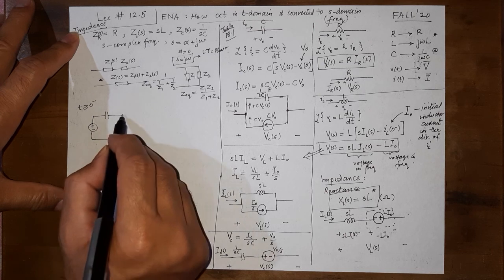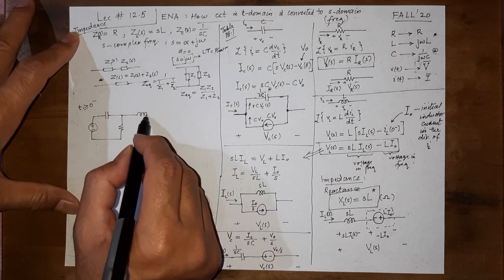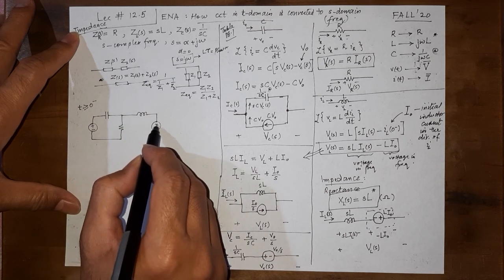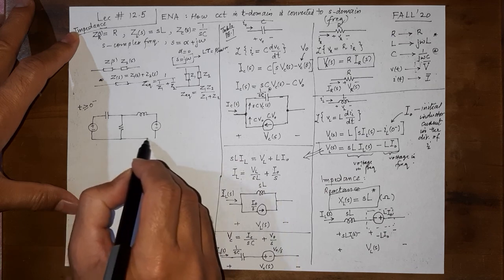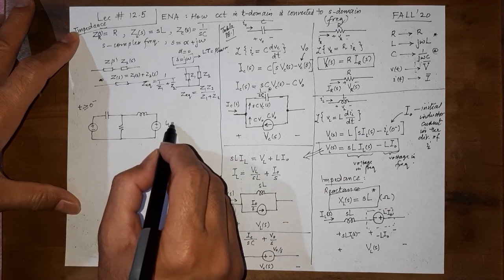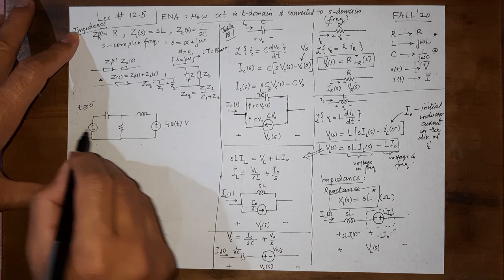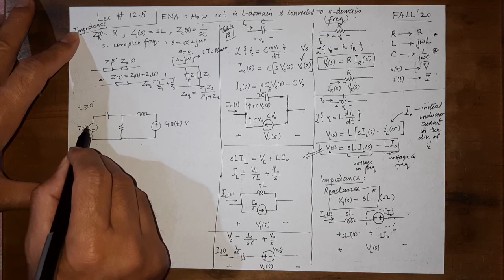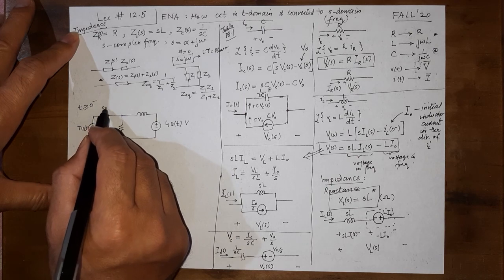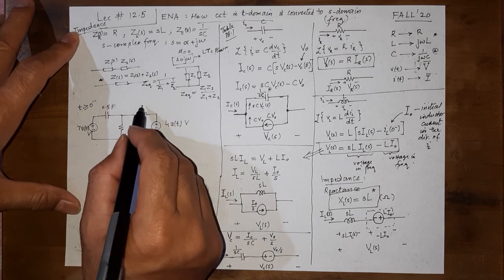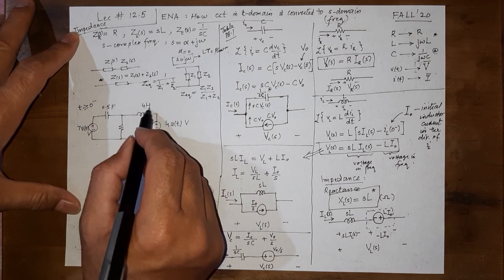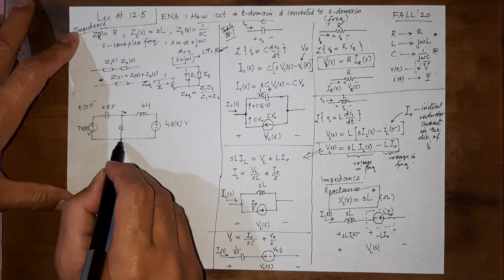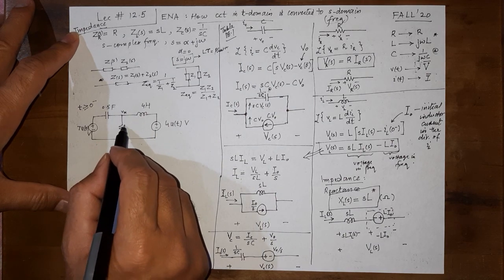I'm just drawing the time domain circuit for now, and this would be 7 u(t). The first step would be converting this circuit to the frequency domain. So pay close attention and see how I am doing it.